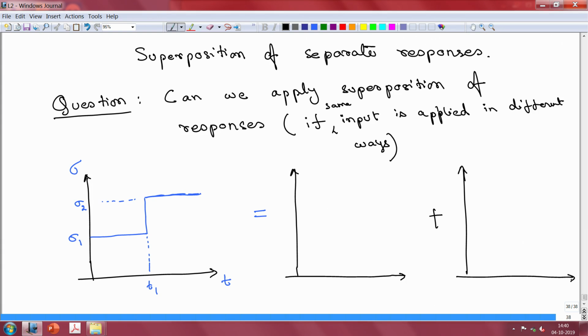You can actually make it in many ways, but one of the ways in which you can break up this input is that you have an input of sigma 1 for all times, and then suddenly at time t1 you apply another input signal which is now sigma 2 minus sigma 1.